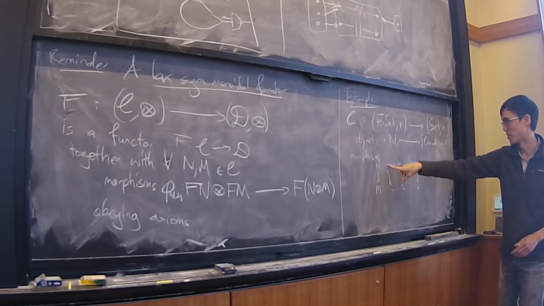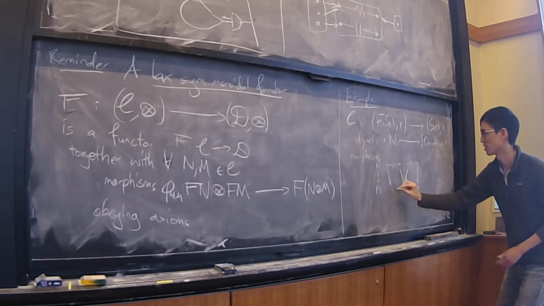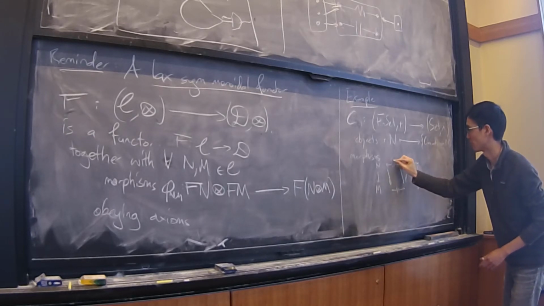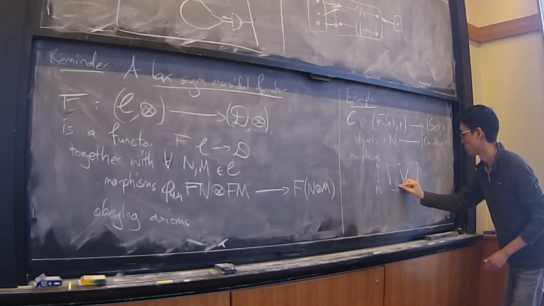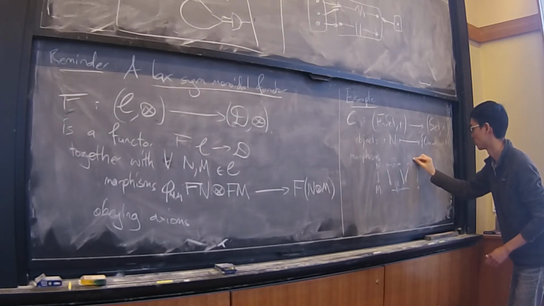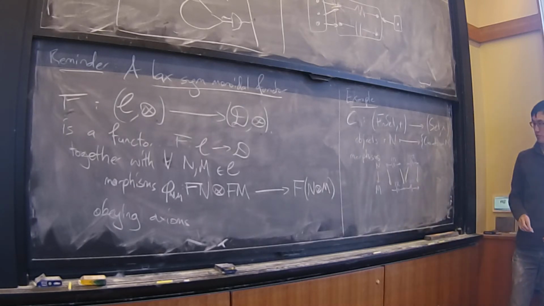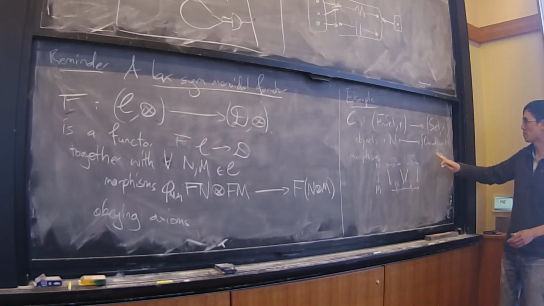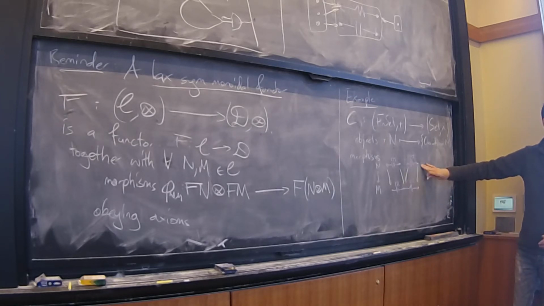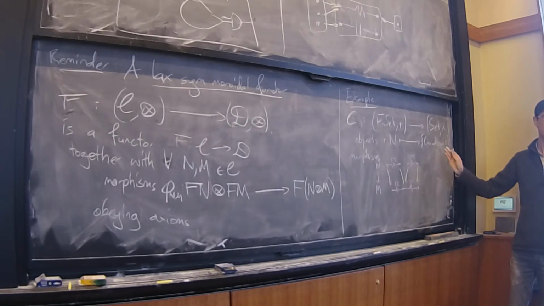This point maps to this point, and this point maps to this point, so now we'll connect those 2 points by the same resistor. That was 1 ohm, now this is 1 ohm. And this was 2 ohms, and this is going to be the 2 ohm resistor. So this gives us a map from circuits on n to circuits on m. And in fact, you can check this is a functor.